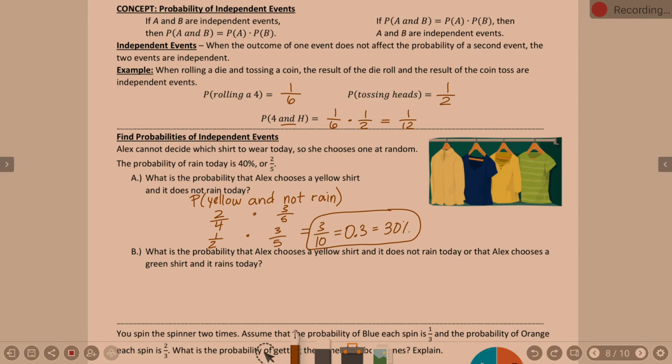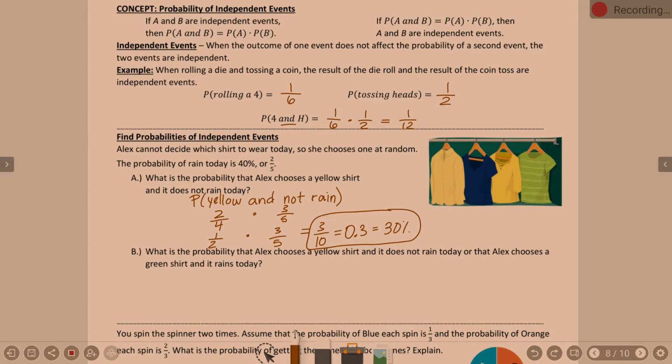Okay? Now, what is the probability that Alex chooses a yellow shirt and it does not rain today, or that Alex chooses a green shirt and it rains today? We just did one of them, didn't we?